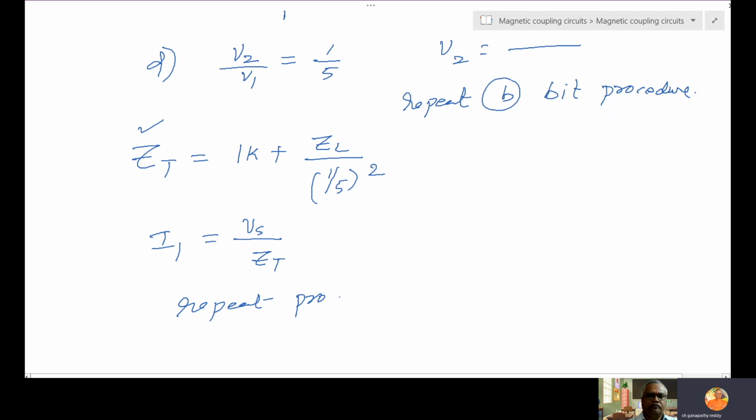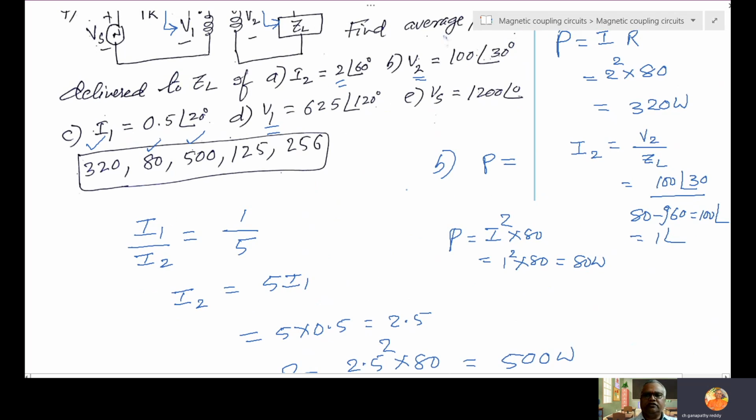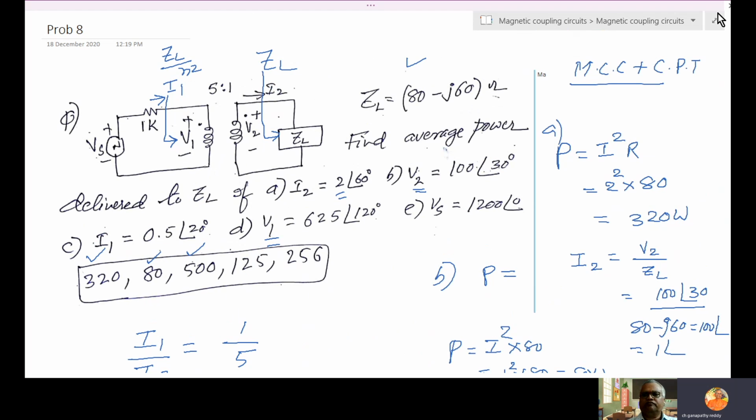Once you know I1, how to find power, repeat the procedure of C. The answers are already there, just cross check.